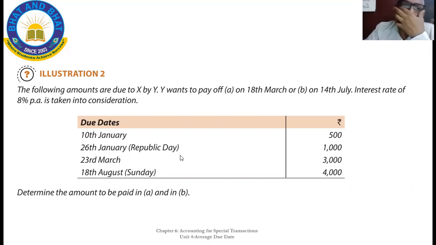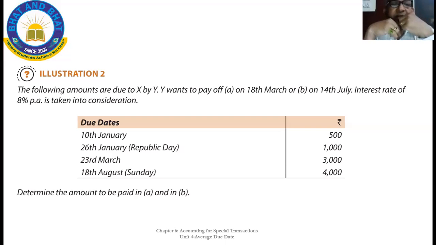Illustration 2. Take the photo and read it. See, due to X by Y, Y wants to pay off on a date. There are two questions like that: on 18th March and 14th July.